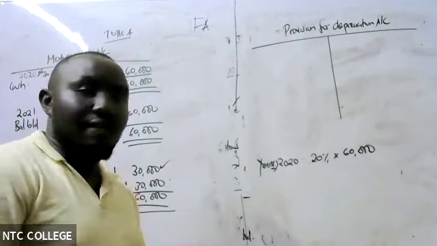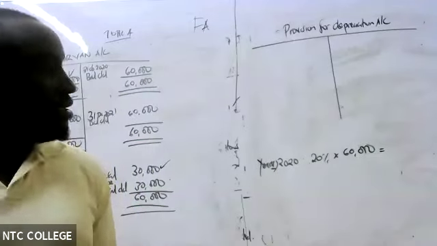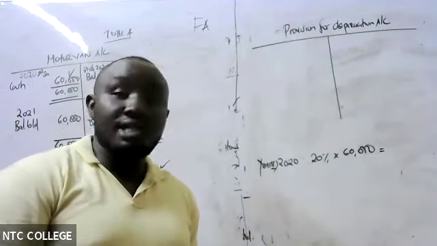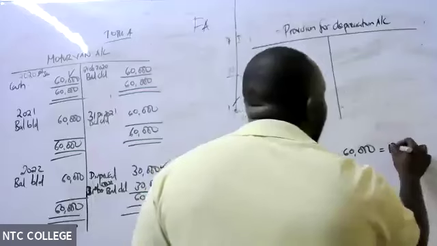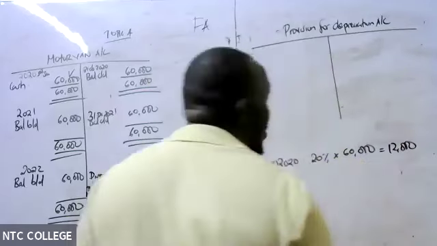Munipatie hiyo figure tafadhali. 20% of 60,000. It's 12,000. Yes. So this is the depreciation for year one.